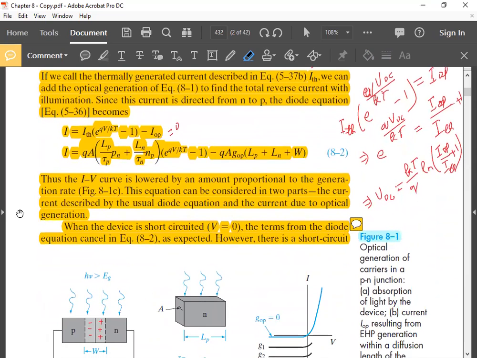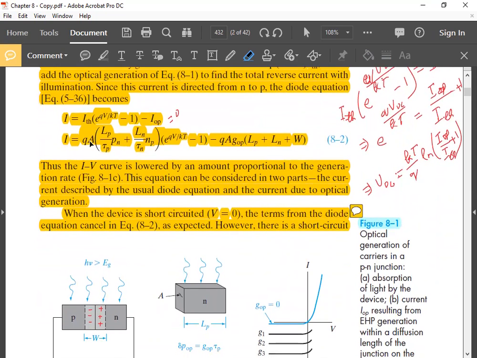So from here, what can you understand? This first part is the typical diode equation. So the diode characteristic curve looks like this, right? When you illuminate the junction, there is a negative part which is added with this current. LP, LN, W, QA are actually constant.